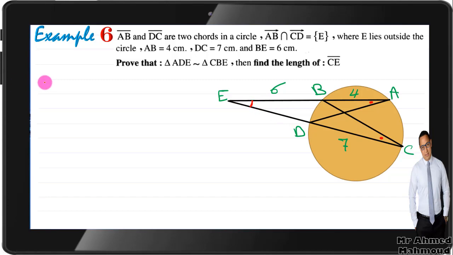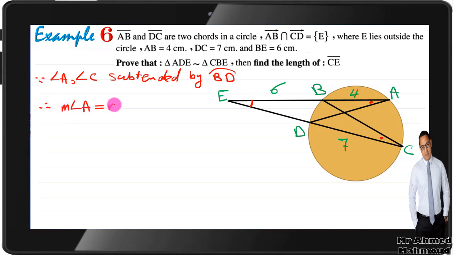I will say that since angle A and angle C are subtended by arc BD, therefore measure of angle A equals measure of angle C.